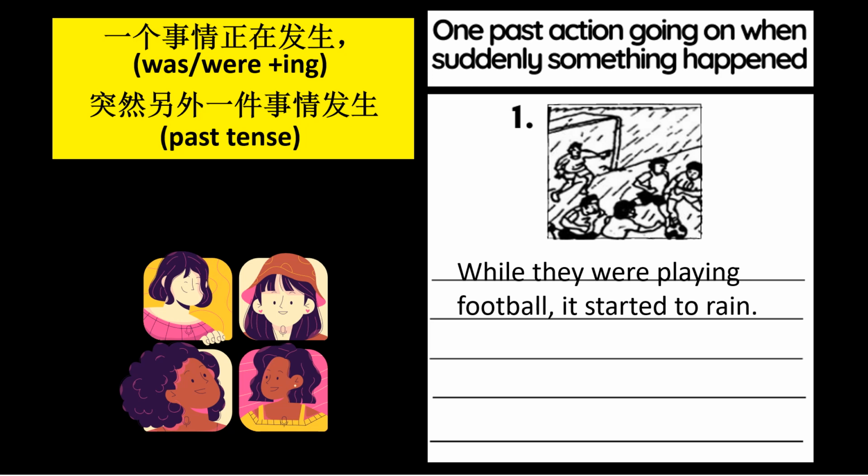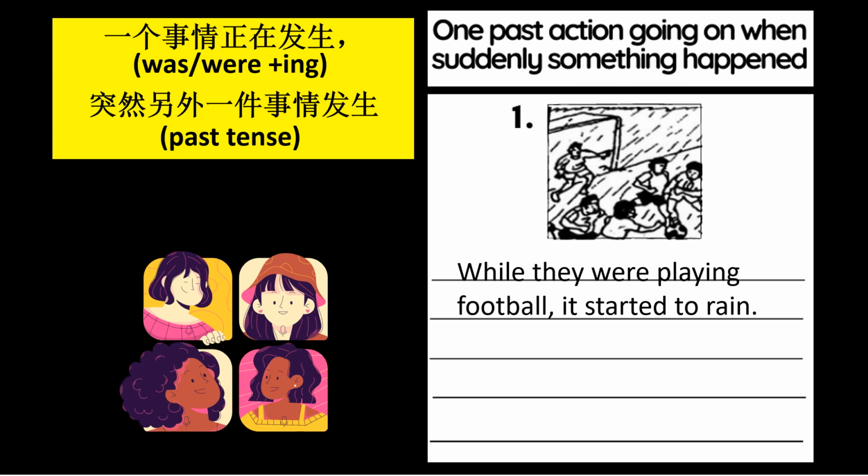So please take a look at number 2, 刚才的第二种不一样的，这个是正在发生，突然间另外一个在发生。第二种的是两个动词一起发生，这个不是两个动词一起发生，它是正在玩的时候突然间下雨。So your answer: while they were playing football, it started to rain.